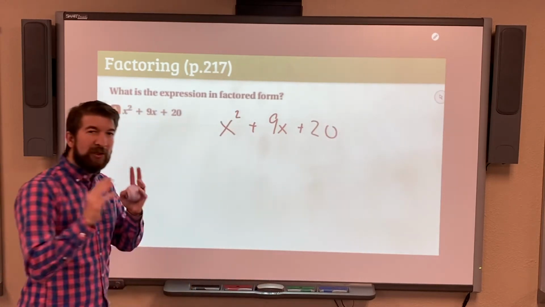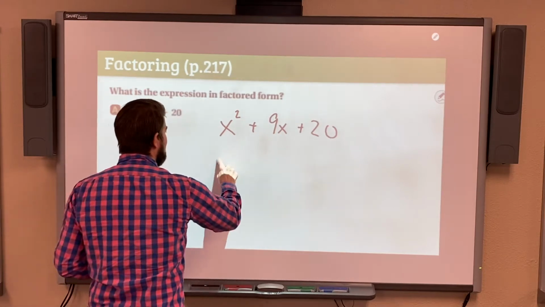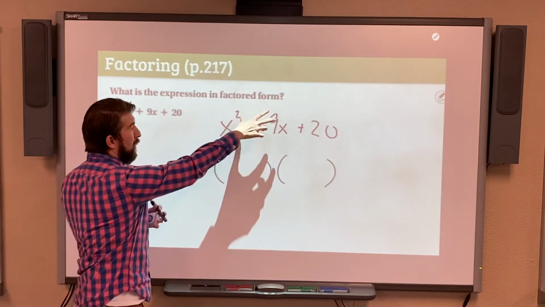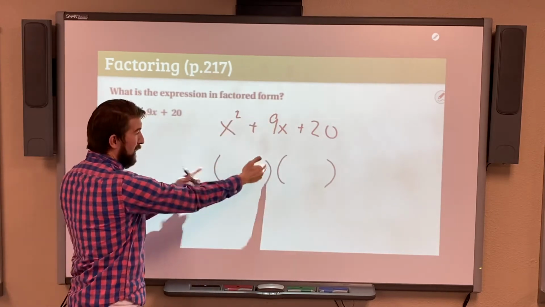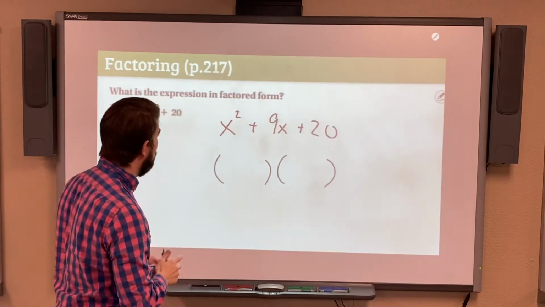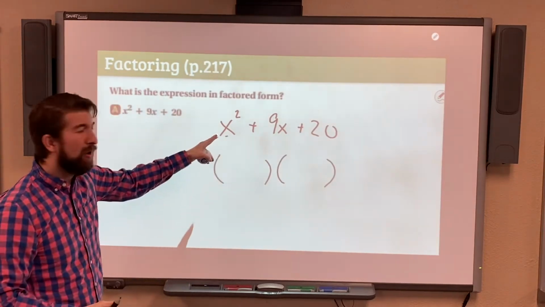When you see the word factor, what you're trying to do is get this expression written in these two parentheses. For all these problems, the x's are just going to split.